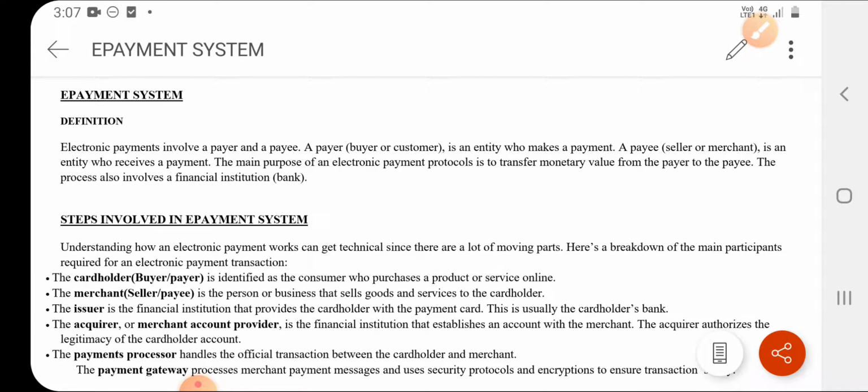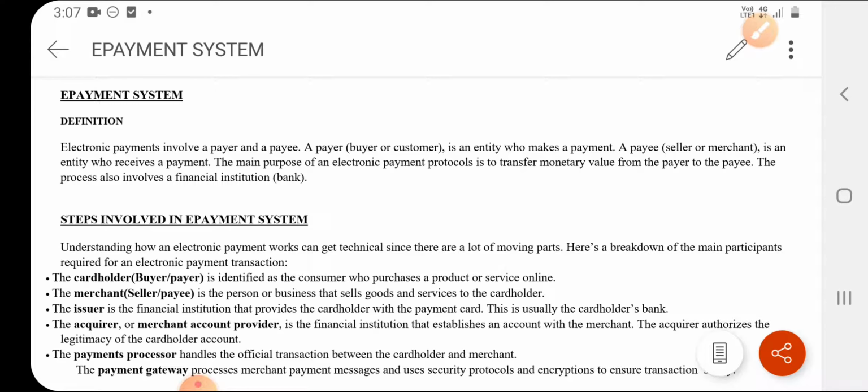And the next one is e payment system. This particular term is very much familiar for all of us. What is e payment system? Just look at the definition. Electronic payments involve a payer and a payee.